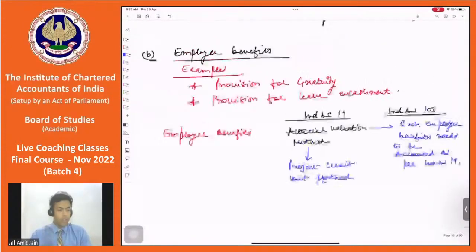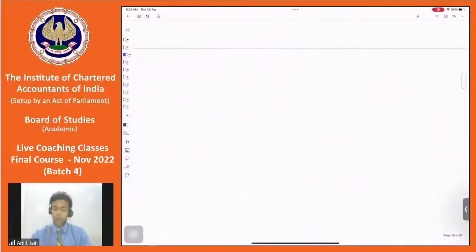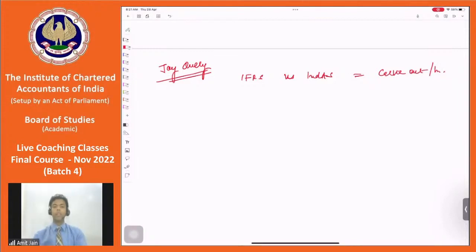Okay, Jay Srivastav is saying for contingent liabilities, 103 is a carve out of 37. It is not a carve out. Right? What is carve out? IFRS versus Ind AS is carve out, or carve in. When we are comparing a difference between two frameworks, that name is given as carve out. We are using the word exception here.